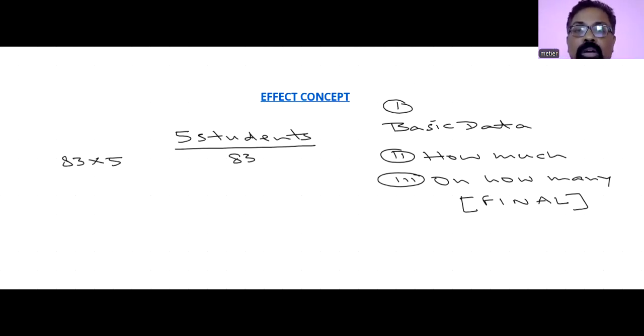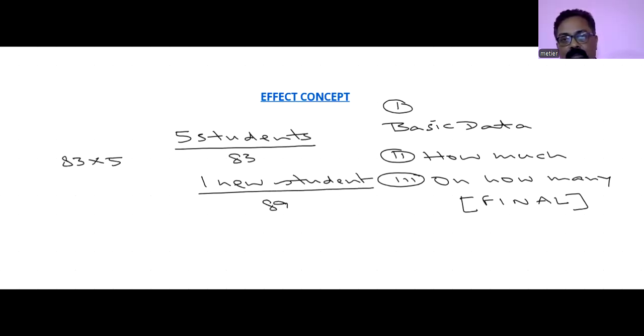In our school days, we used to calculate it this way, 83 into 5. Now, one new student joined the class, and this new student has marks, say, 89. What is our traditional method? 83 into 5 plus 89, whole divided by 6.